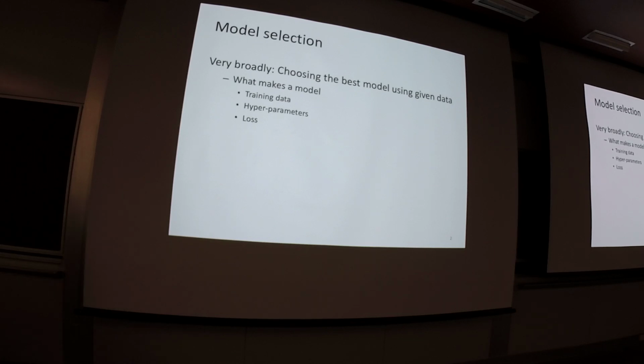To make a model, first, you need to have the training data. If there's no data, you cannot conduct the training procedure. You cannot produce the model. That's very important. The second thing is the loss function.